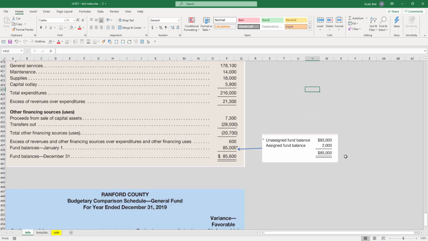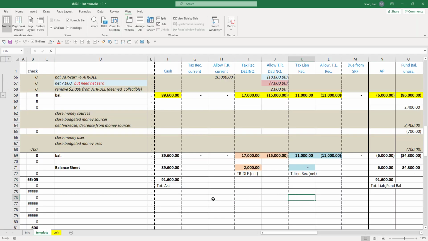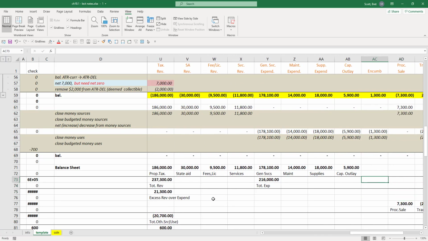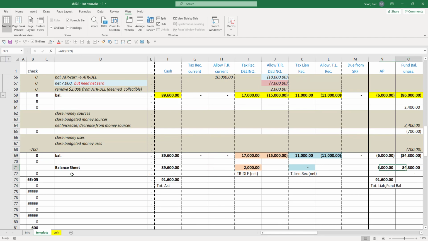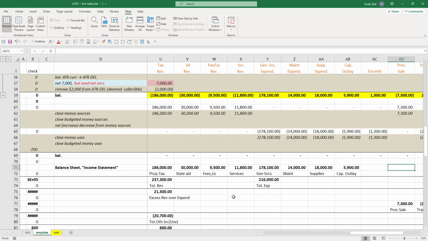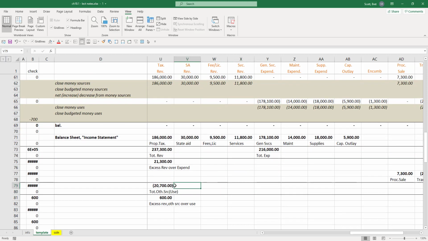We did all that. And then here's my income statement. Basically just going through and showing you all the balances for financial statement purposes. Balance sheet and the income statement accounts. Again, all absolute values. Those sum formulas are already in there. You don't need to do anything with those.